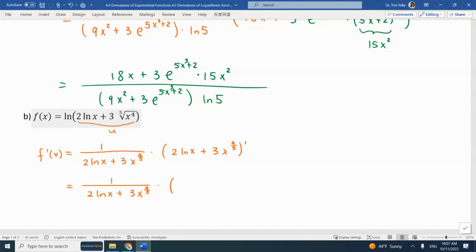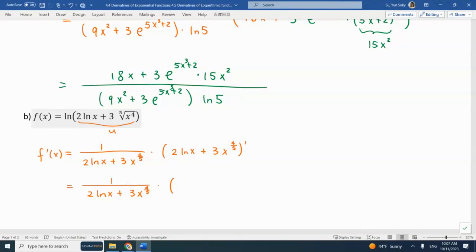What's the derivative of 2 ln x? This is ln x squared, but you want to check the derivative. The 2 is a constant multiple, it stays here.